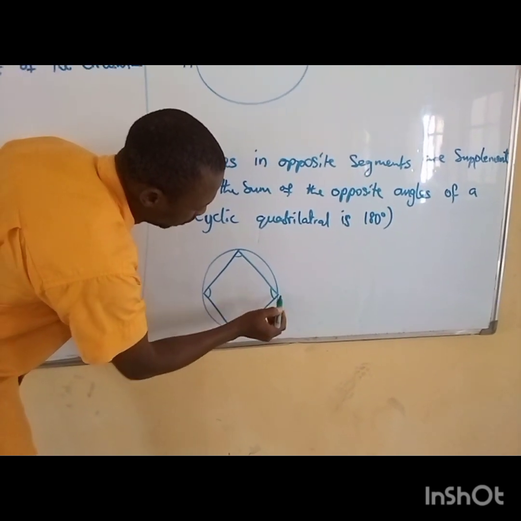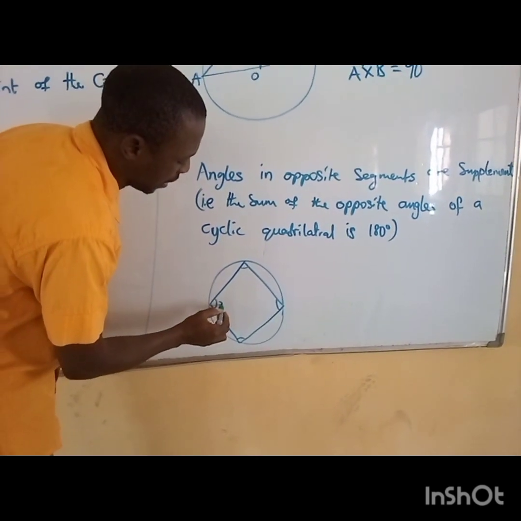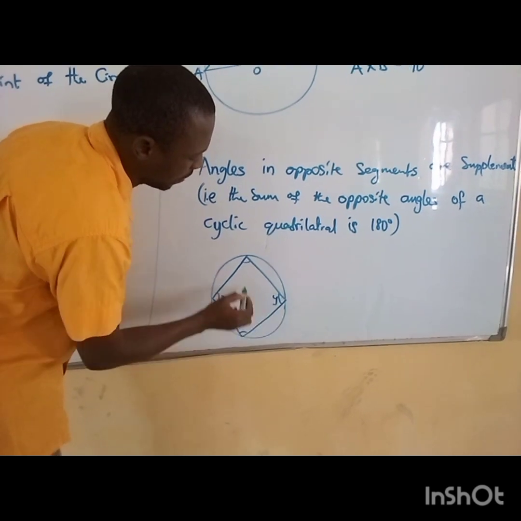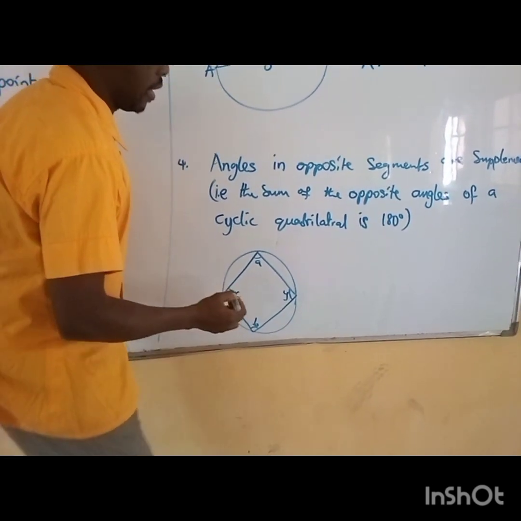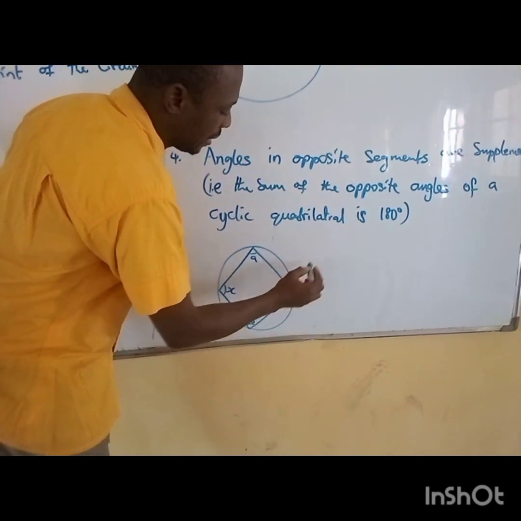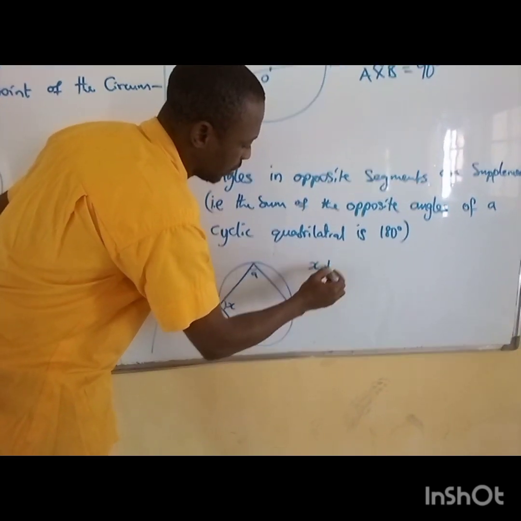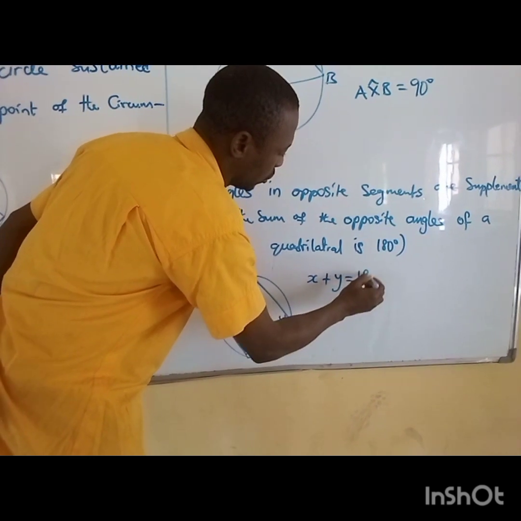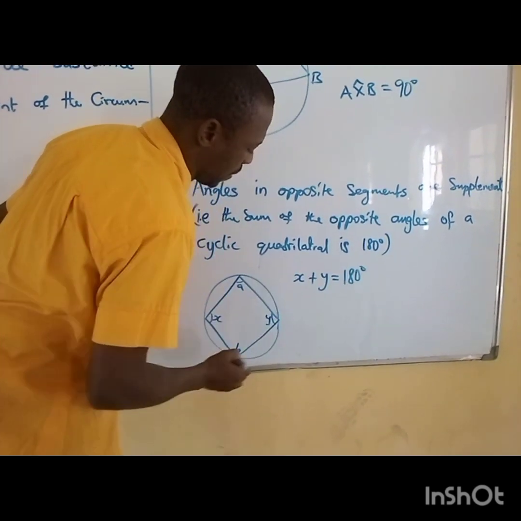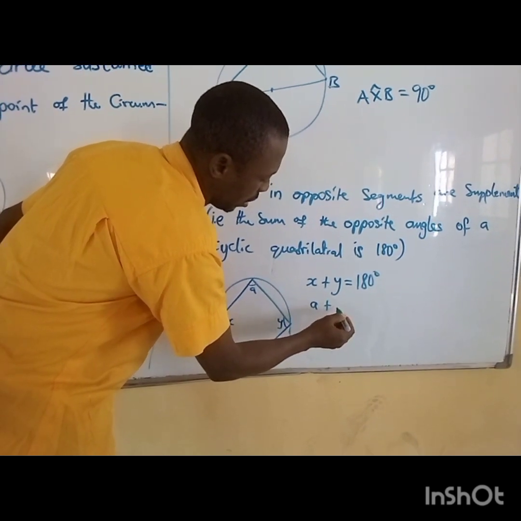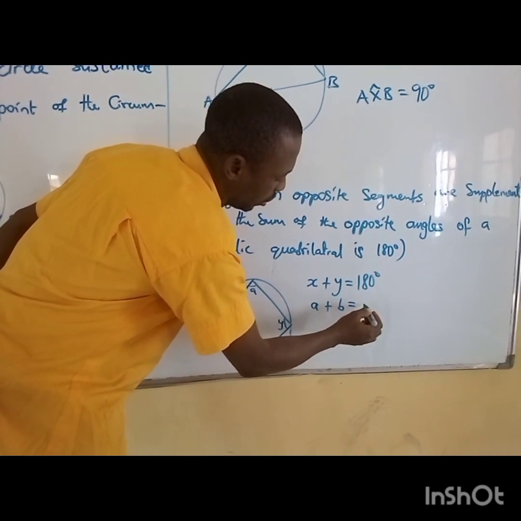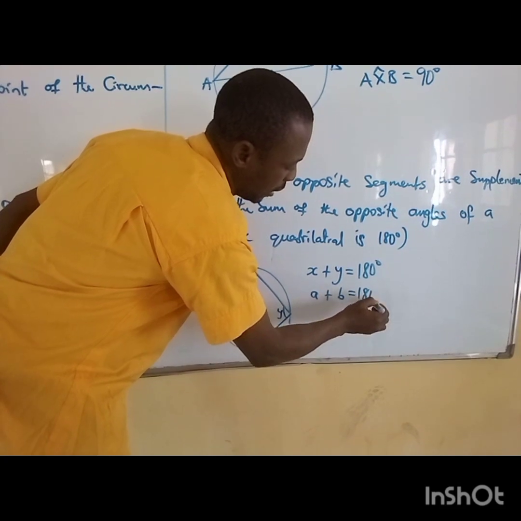What the fourth theorem says is, if here is x and here is y and here is A, for instance, and here is B, then the addition of x plus y is equal to 180, and the addition of A and B is equal to 180.